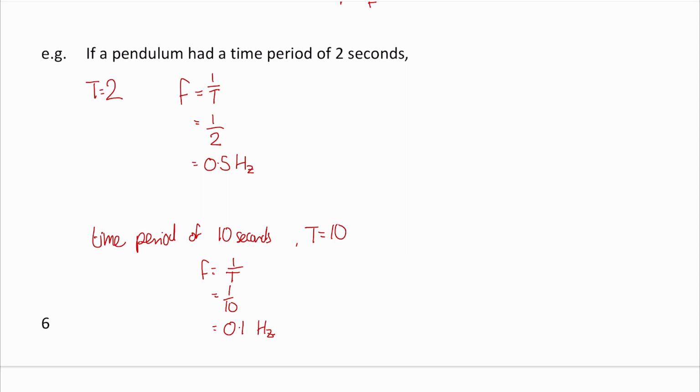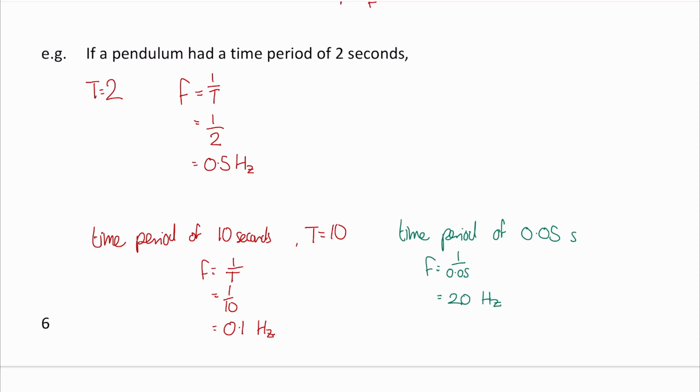Let's say something had a time period of less than 1 second. Let's say something had a much faster vibration. It only took 0.05 seconds for one vibration. So our frequency equals 1 divided by 0.05, which is equal to 20 hertz.